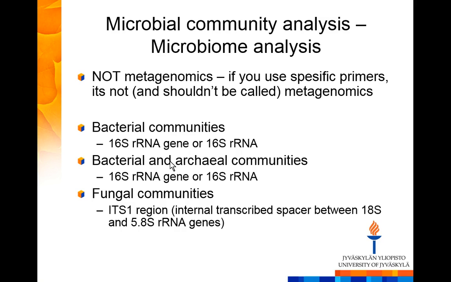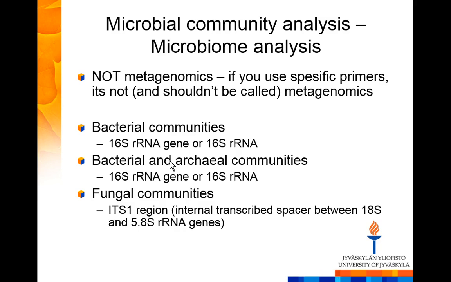So for fungi, to recover some diversity, you need to use a very unconserved region, and the ITS1 region is typically used here. That is the internal transcribed spacer between the 18S rRNA gene and the 5.8S rRNA gene.